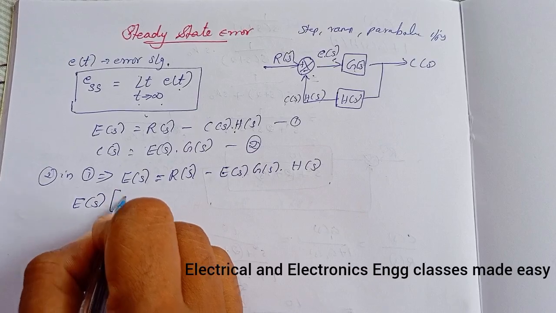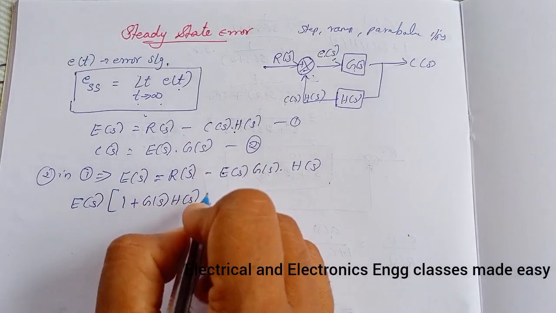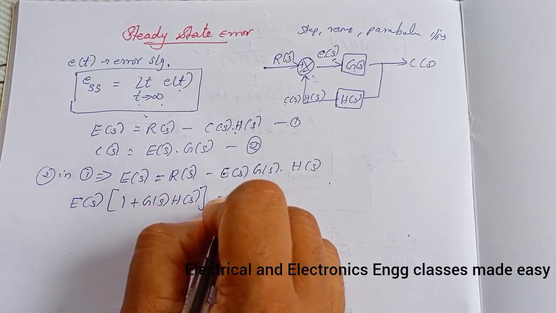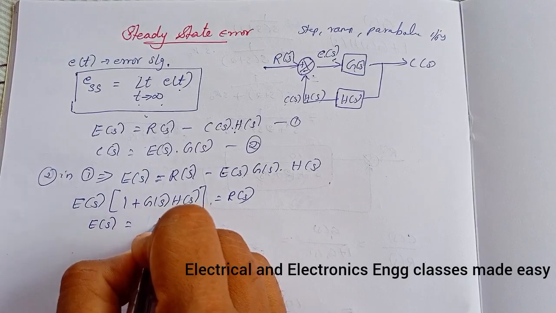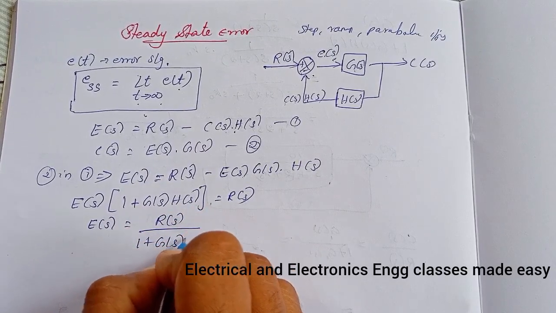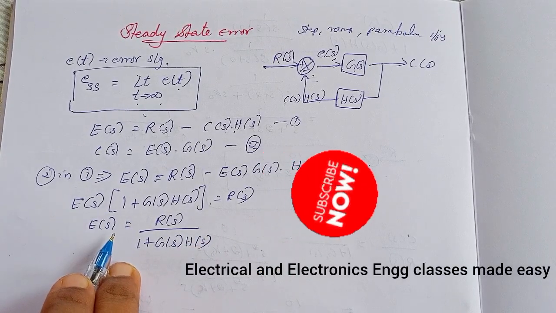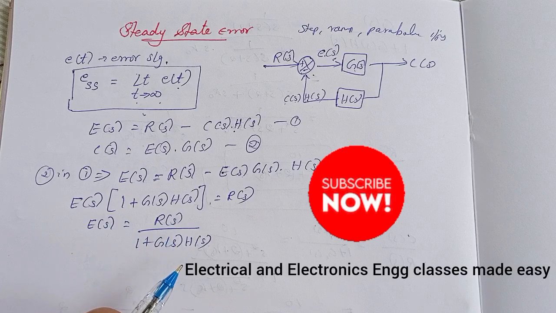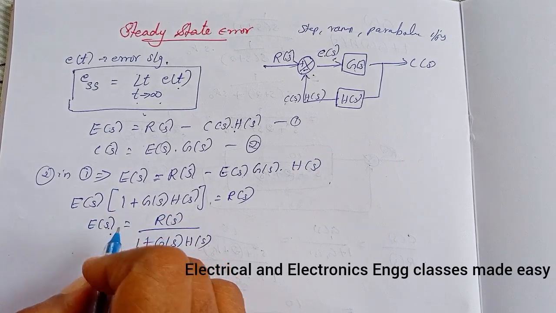So E(s) into 1 plus G(s)H(s) is equal to R(s), or we can write E(s) equal to R(s) divided by 1 plus G(s)H(s). So this is the error signal in the s domain.